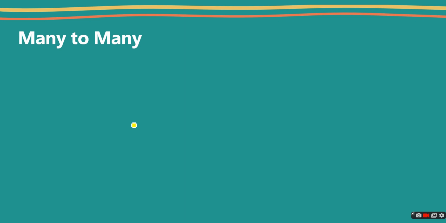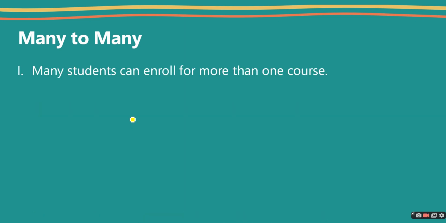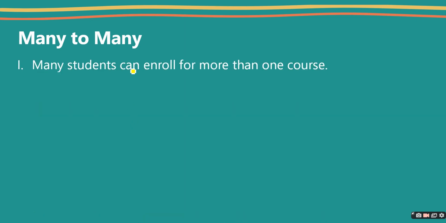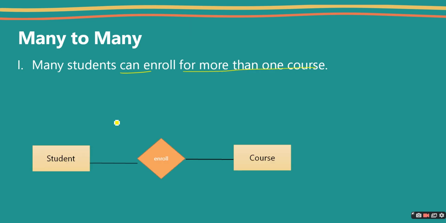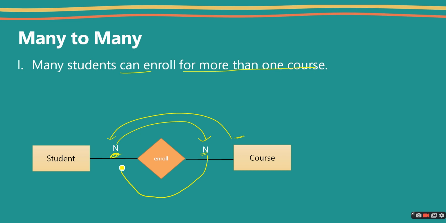Many to many, this is used very commonly. Many students can enroll for more than one course, and one course can be enrolled by many students. So it is n to n. N number of students can take n number of courses, and n number of courses are also taken by n number of students.